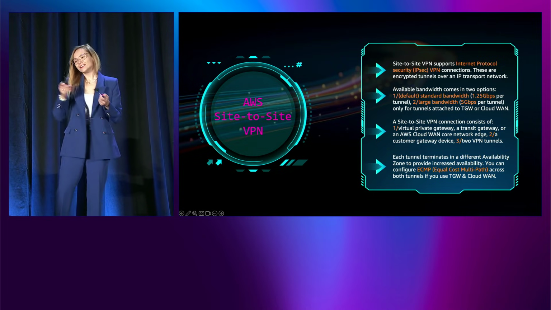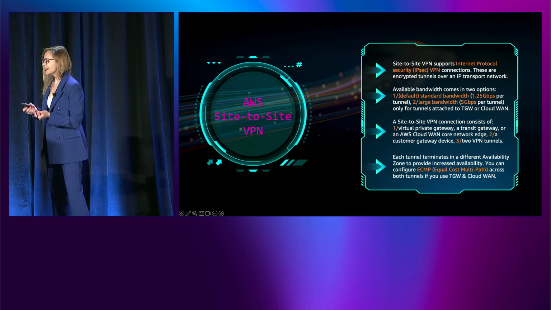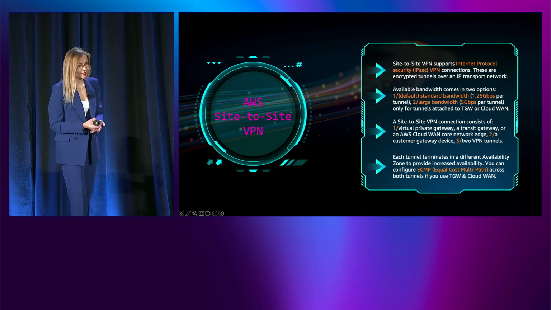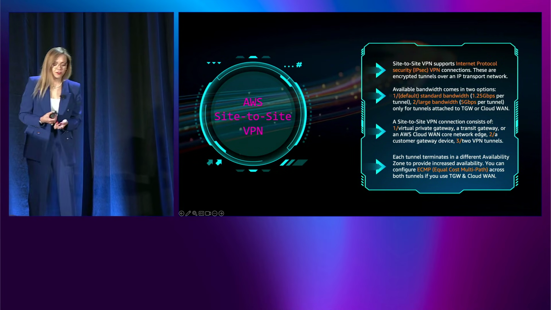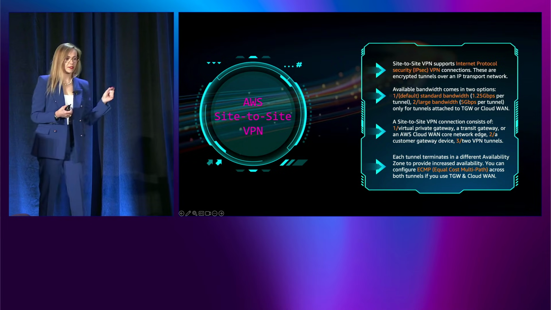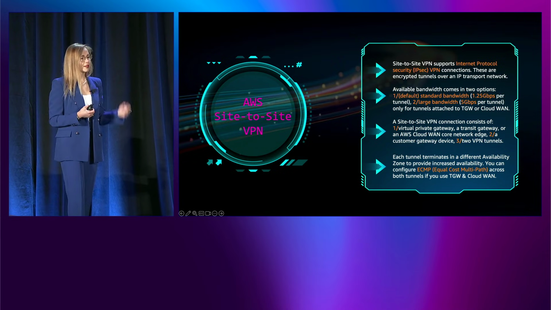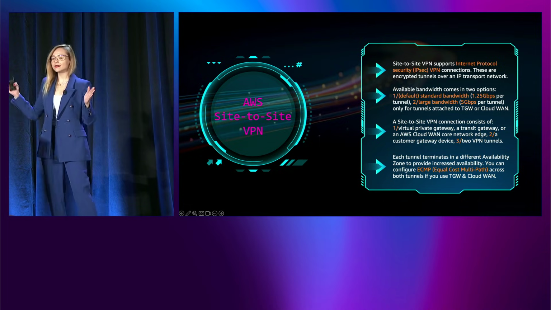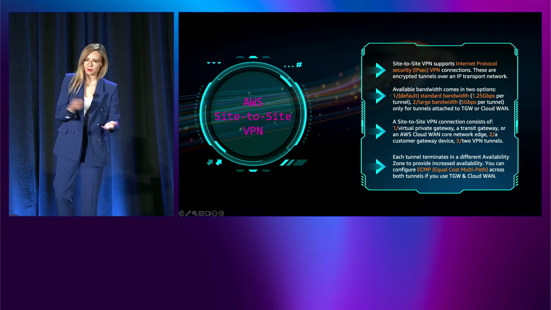We've recently launched large bandwidth tunnels in site-to-site VPN, so you can have now up to 5 gigabits per second of throughput. And if you attach your VPNs to AWS Transit Gateway or Cloud WAN, you can actually use equal cost multipath, right? So you can have many VPNs and you can use all of them to split your traffic.